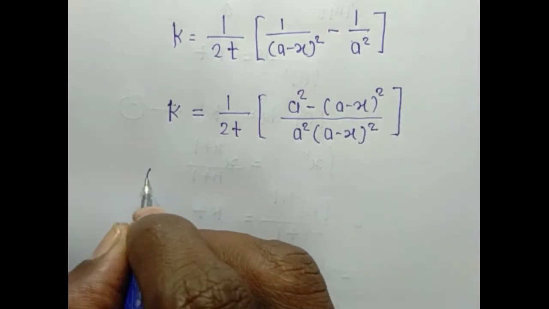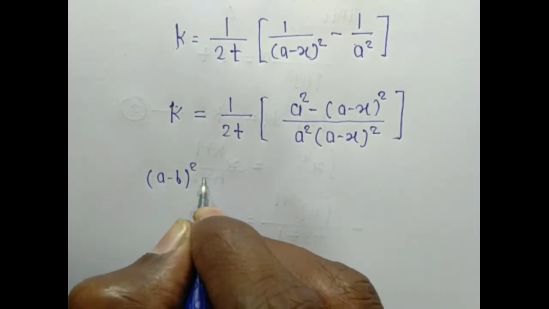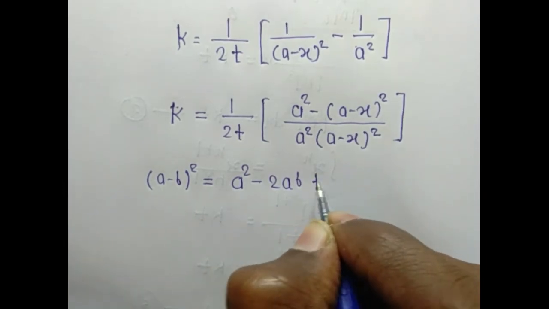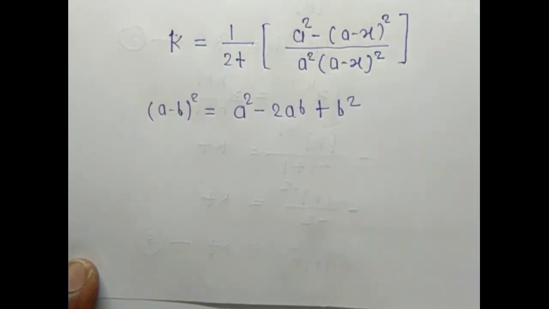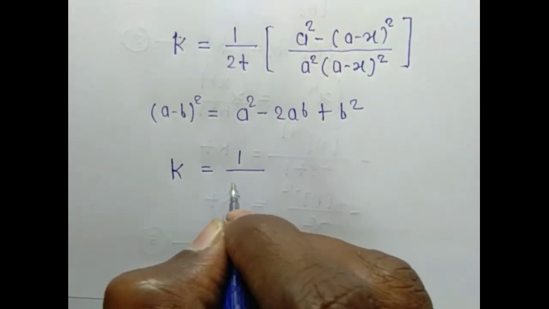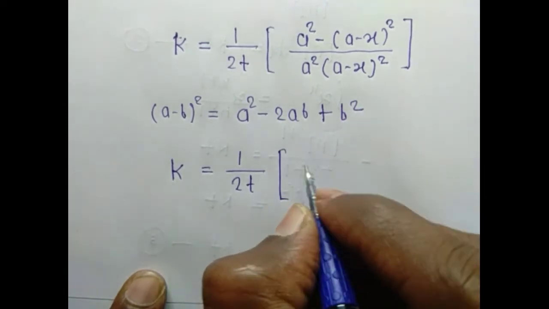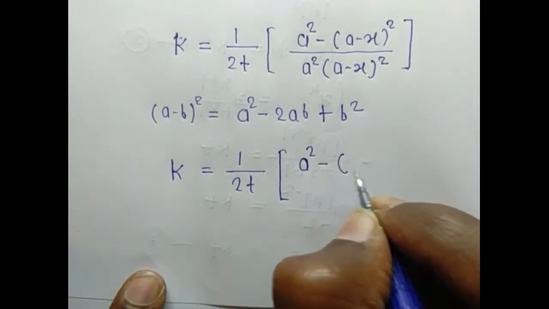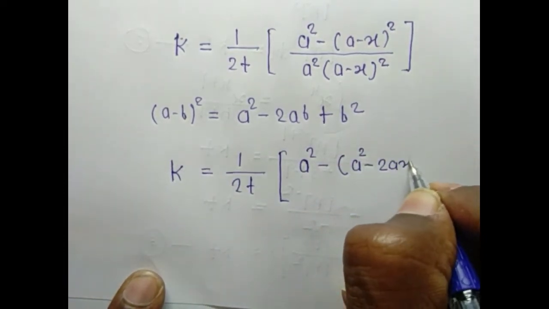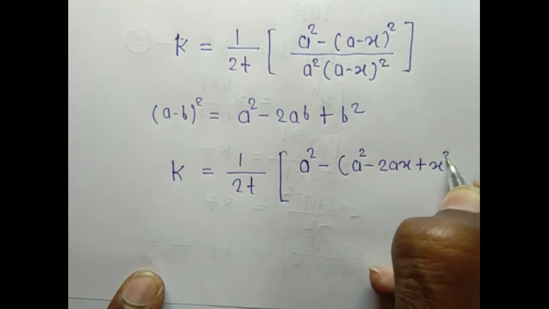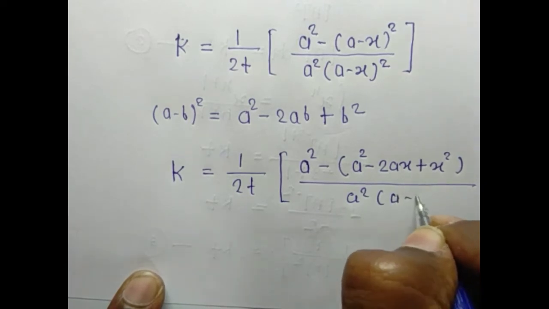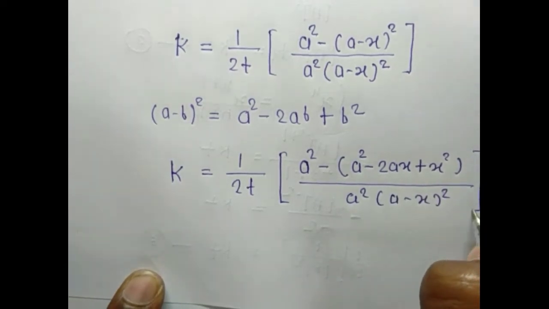The a minus b square rule says a square minus 2ab plus b square, so K is equal to 1 upon 2t into bracket a square minus a square minus 2ax plus x square, upon a square into a minus x bracket square.